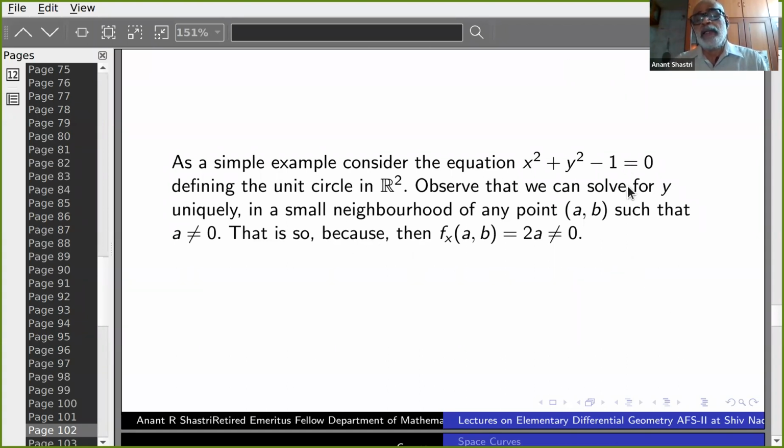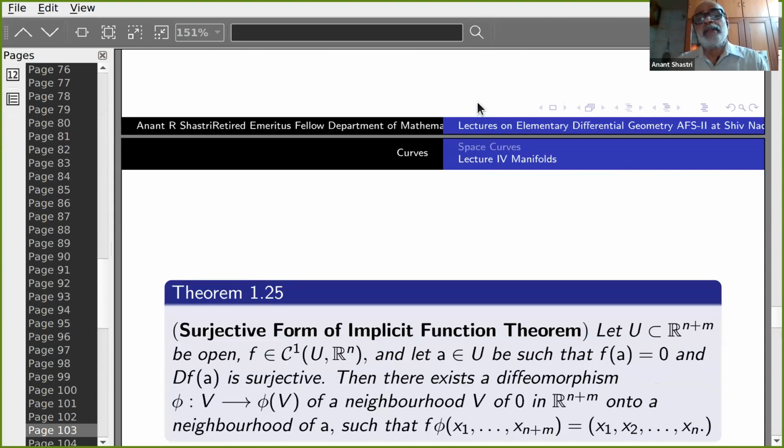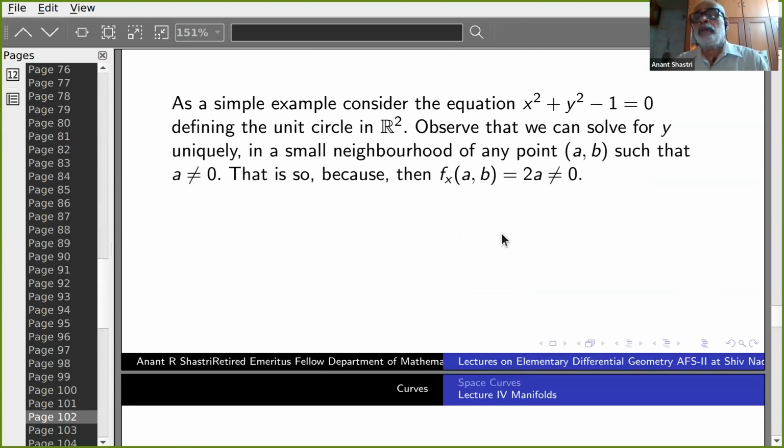So similarly, the other way around also. The derivative df at (a, b) is twice a. So that is not equal to 0, same thing as a not equal to 0. Of course, we can do it for x square plus y square plus z square minus 1 equal to 0 also.